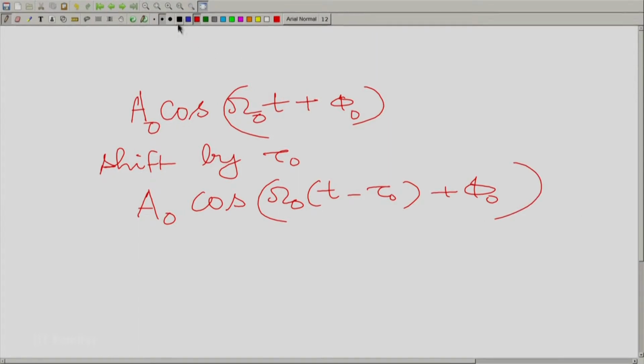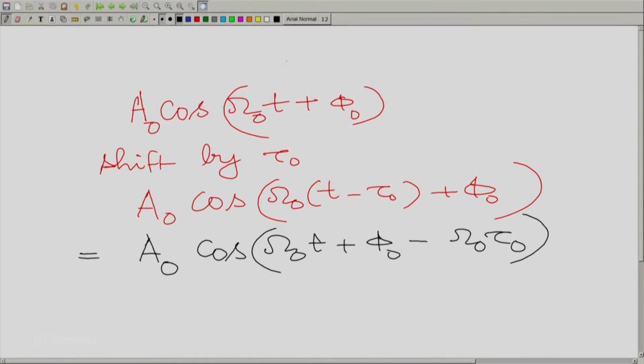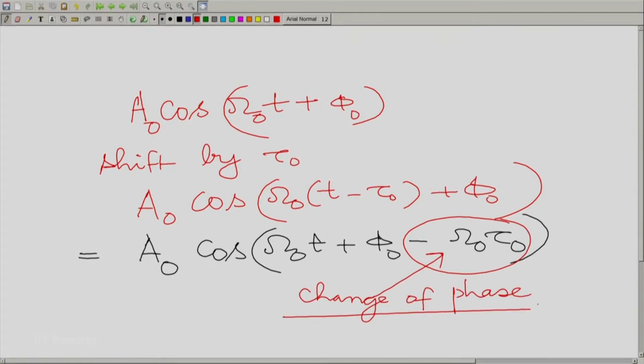And now we can identify the change of phase here. So, I rewrite this as A naught cos omega naught t plus phi naught minus omega naught tau naught, and pull out this part as the change of phase. The change of phase is minus omega naught tau naught. As you notice, this change of phase is linear in frequency omega naught.